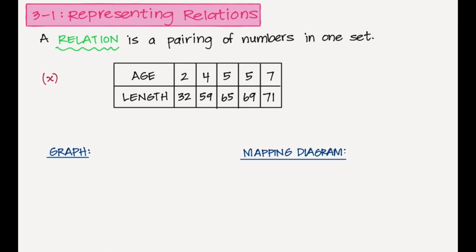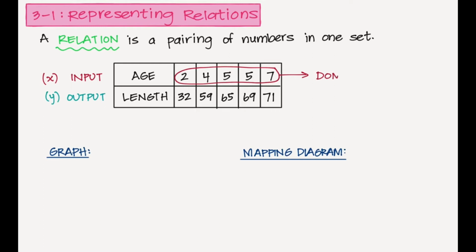And so those beginning values are typically our x values, followed by the y values. Now the x values are also called the input, okay? The y values are called the output. And when I look at the collection of all of those x values, the 2, 4, 5, and 7, that is what we call the domain of this set.